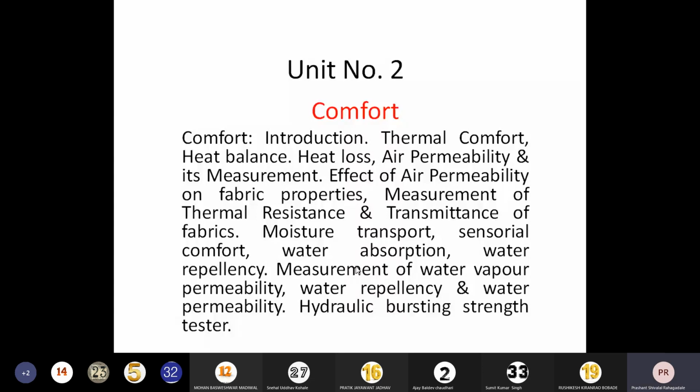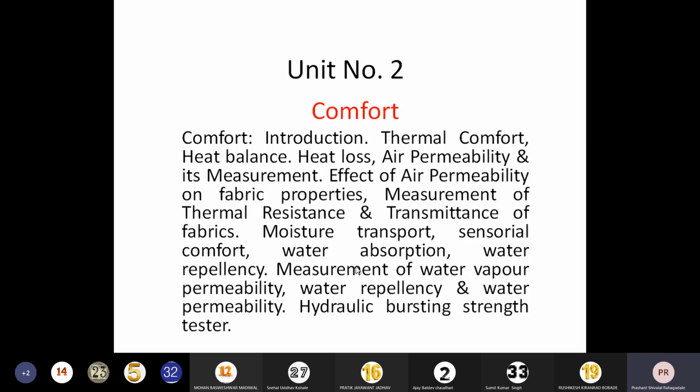And suppose from 37 degrees we shift to a temperature of 10 degrees centigrade, or to a temperature of 45 or 50 degrees centigrade, then what happens? We will not feel comfortable. The reason is thermal situations. When we say thermal, it is related to heat. So we have to discuss certain points, that is heat balance, heat loss.